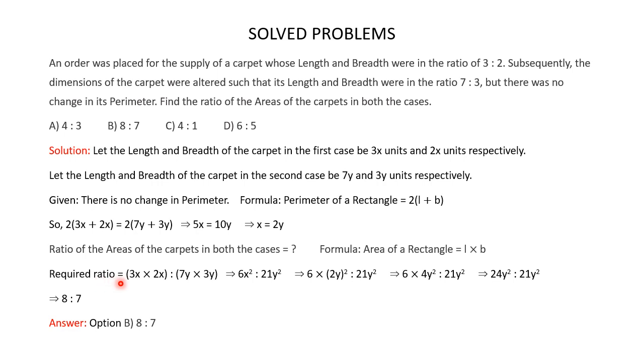So the required ratio is equal to 3x multiplied by 2x is to 7y multiplied by 3y. This is nothing but 6x squared is to 21y squared. On solving this, we get the required ratio as 8 is to 7. So the correct answer is option B, 8 is to 7.